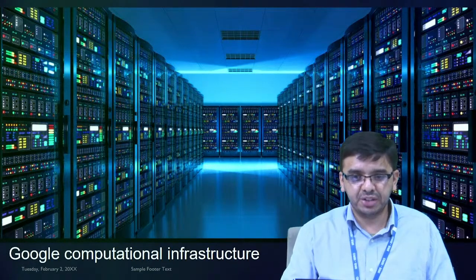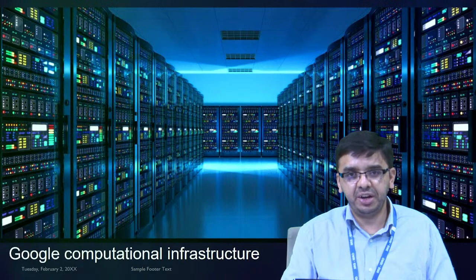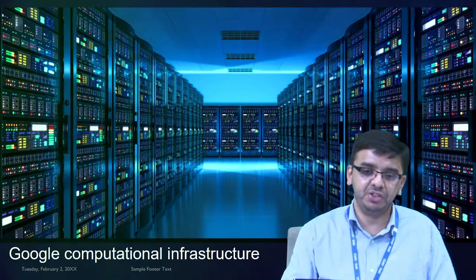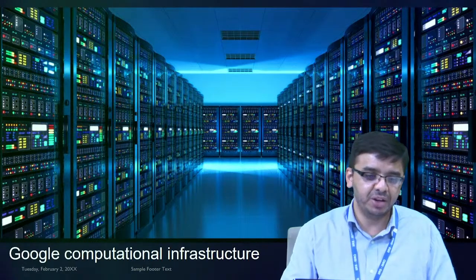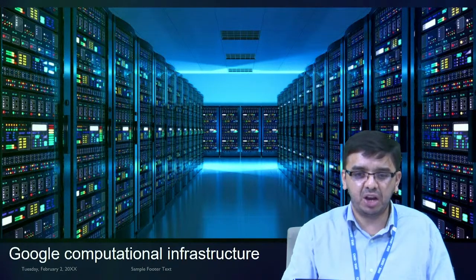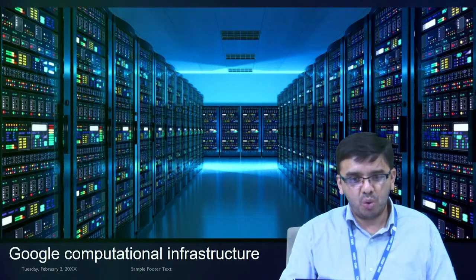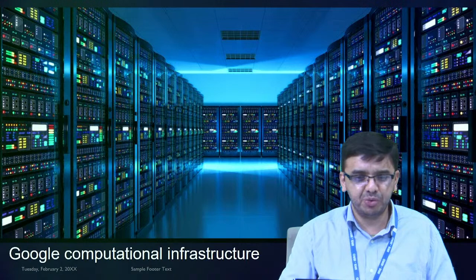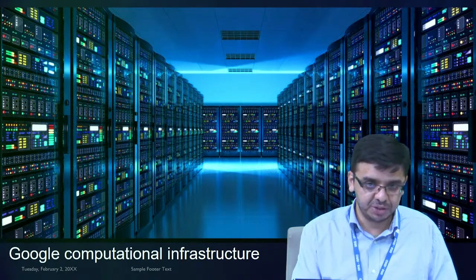So for accessing or processing that data, the entire Google Earth Engine platform is backed by Google's big cloud infrastructure. You see all the distributed systems, parallel processing, everything is available. You need to just know a few basics.